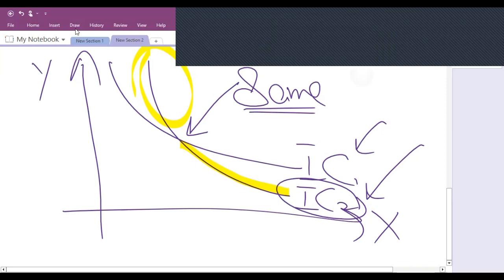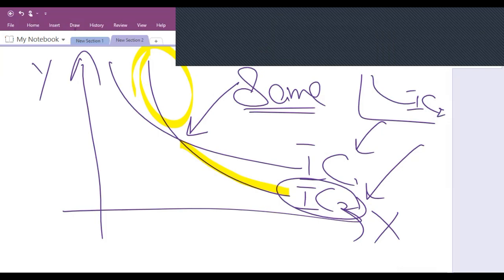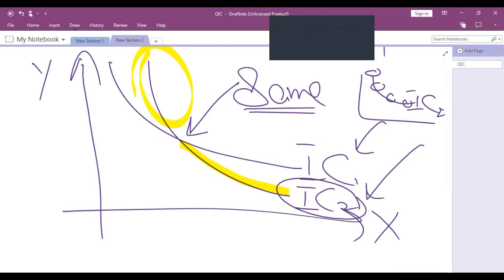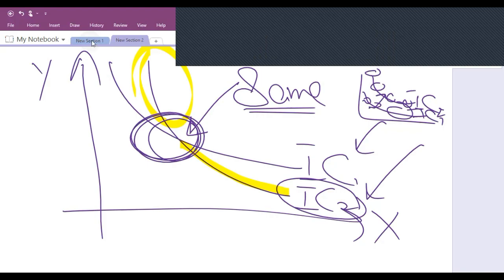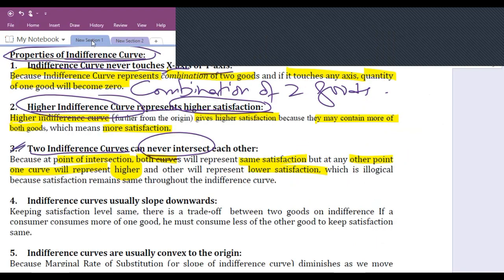If you are on IC2, all points of IC2 will give the same level of satisfaction, while all points of IC1 will give the same level of satisfaction. But when you move from one IC to another IC, the level of satisfaction will increase at each point. So you can never say that any point can give the same level of satisfaction at both ICs. This is the third property.